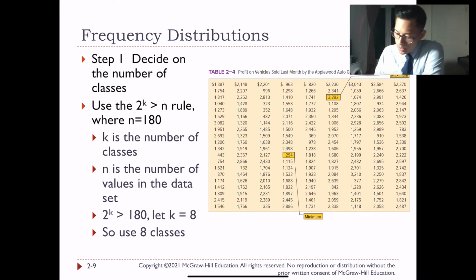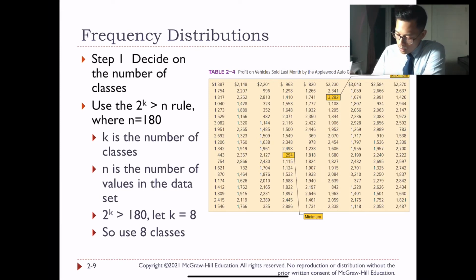We're going to use the 2 to the power of k larger than n rule, where n is 180 observations. In this case, you want to choose k such that 2 to the power of k exceeds 180.